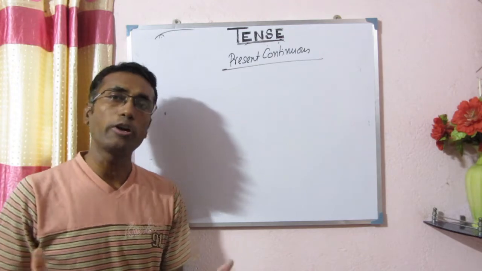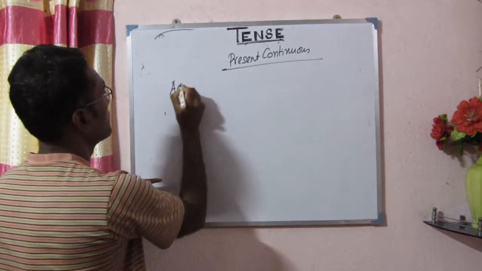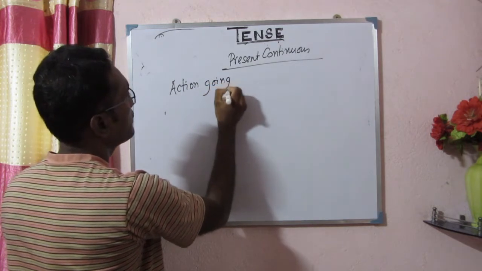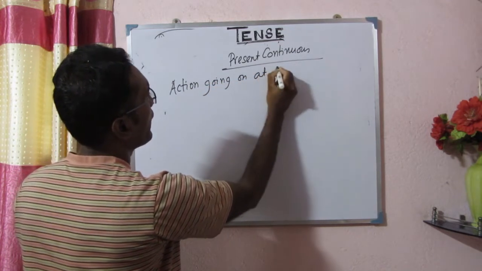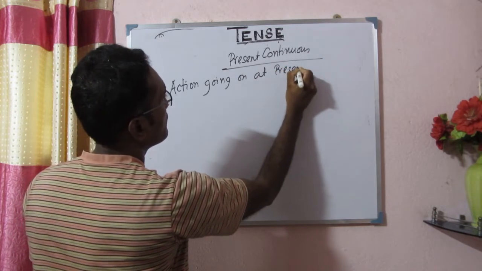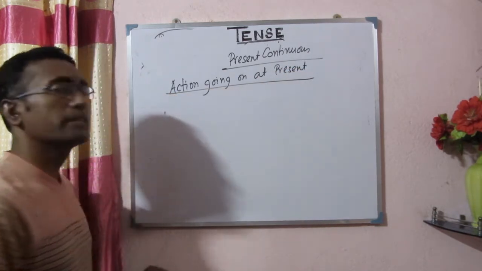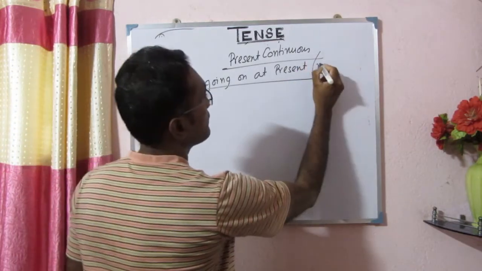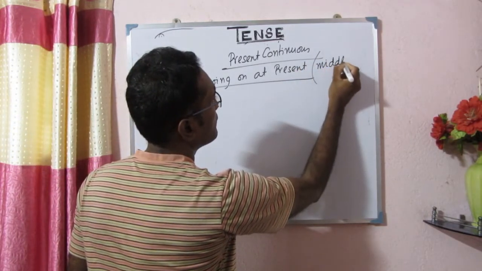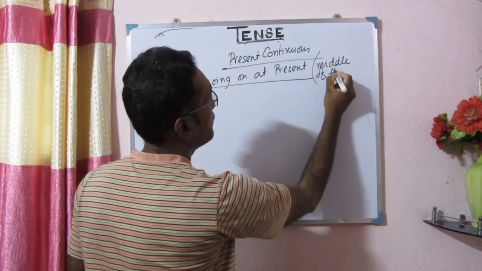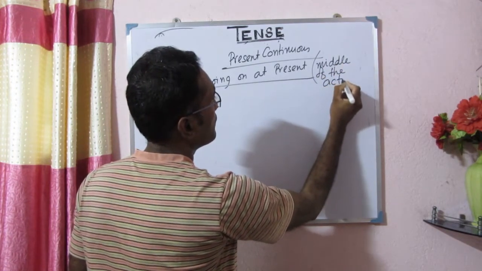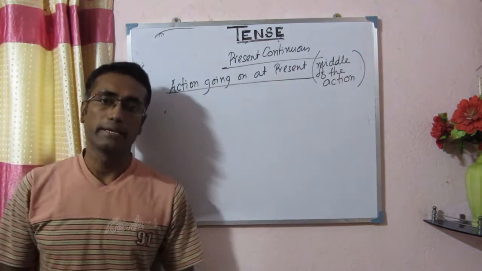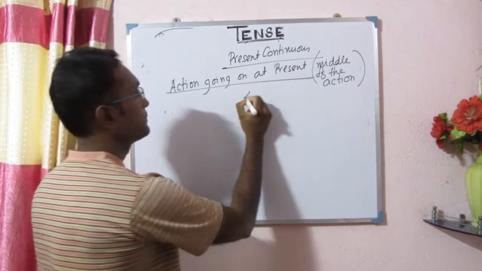The action going on at present, then it is a present continuous tense, or it's the middle of the action, then it is your present continuous tense. Okay, so I am writing.